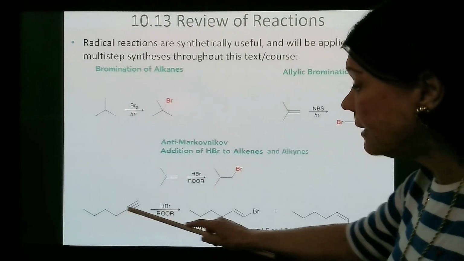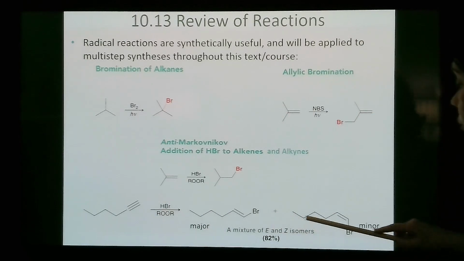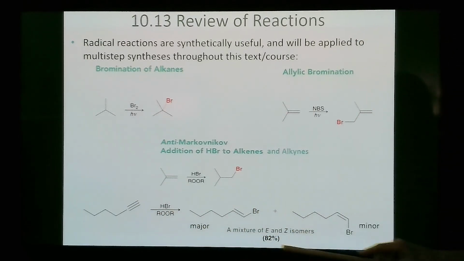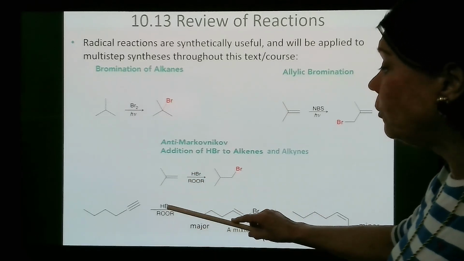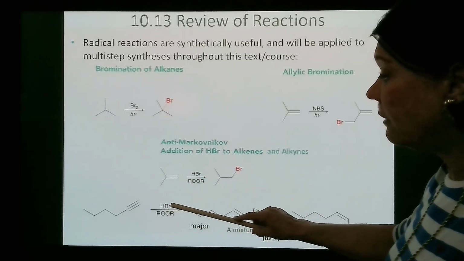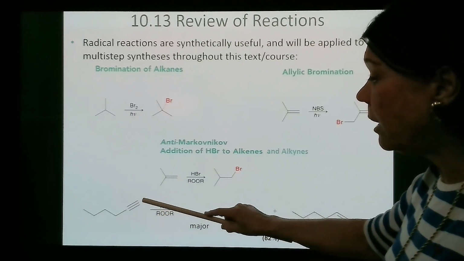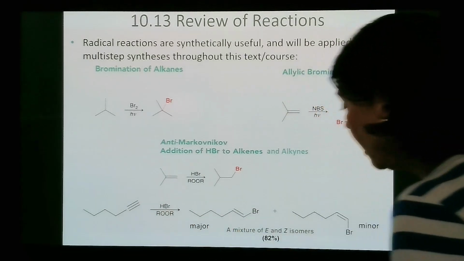And then I just tacked this on. This isn't really added in your book, but I tack this on down here because you may as well have these presented to you together. You remember that it was given to you earlier in the chapter on alkynes. You can have the HBr addition to the alkyne using the peroxide.